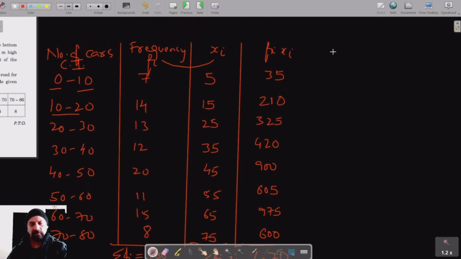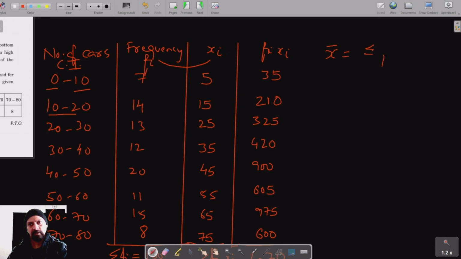Now we can find the mean. We know the formula of mean: x bar is equal to sigma fi into xi divided by sigma fi. So this is 4070 divided by 100, which gives us 40.7 as the mean.